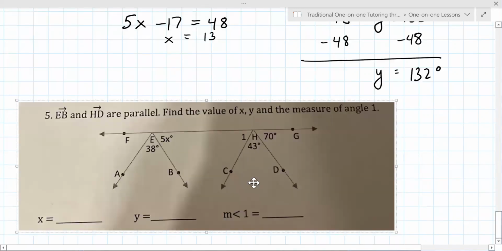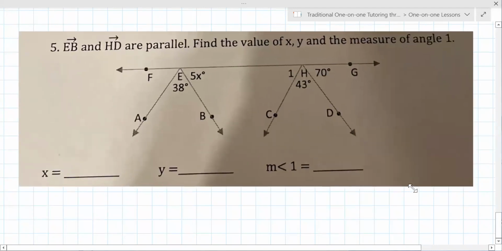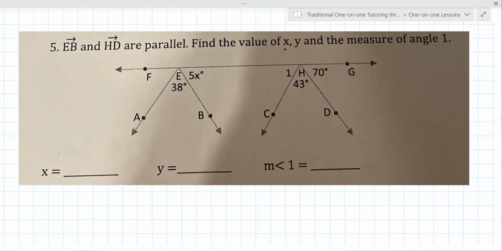Now, this is not a trick question, but do you see y anywhere in the drawing? Because I sure don't. It says find the values of x and y. I don't see y. Yeah, I don't think it's there.